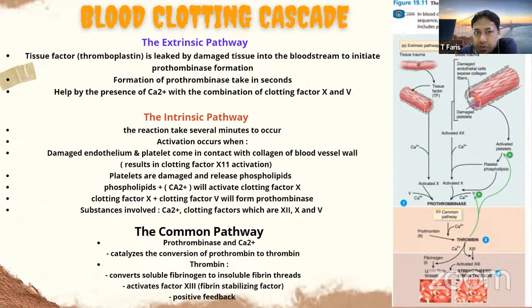So you always look at the severity for the blood to clot. If you have a severe injury, like in a car accident, it will take longer for the blood to clot. Of course, you need extra blood from a donor to replace the blood that has been lost, because you cannot stop it based on this mechanism.